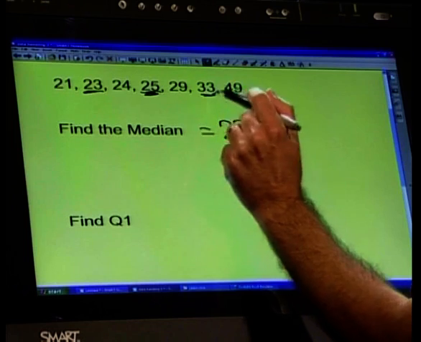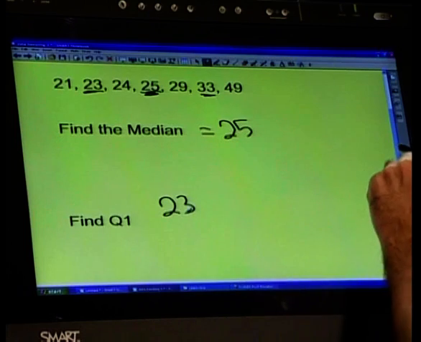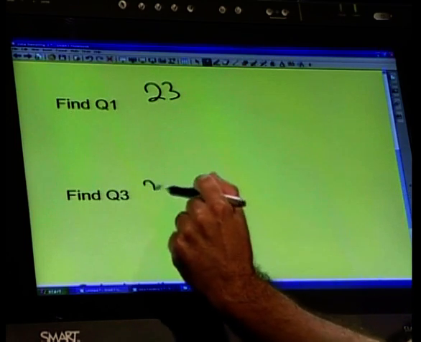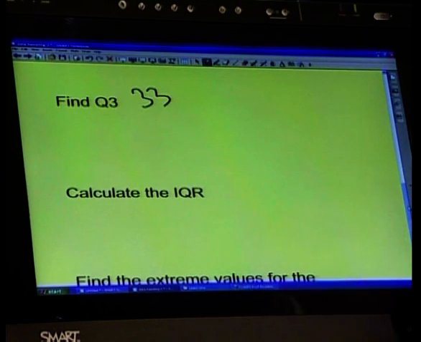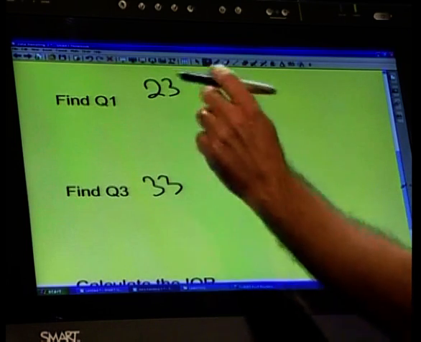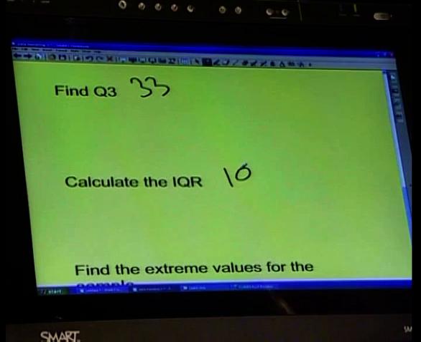Here, 33 is in the middle. So quartile 1 is 23, and quartile 3 is 33. The interquartile range, or IQR, is simply those two values subtracted from each other. That gives me an answer of 10.